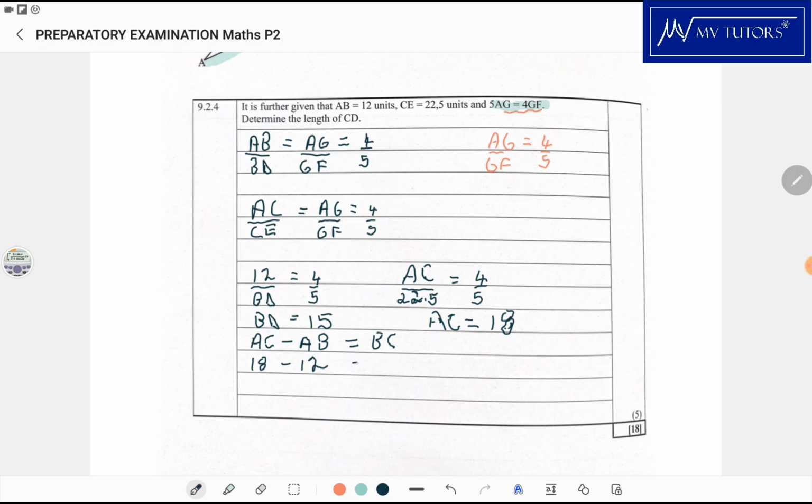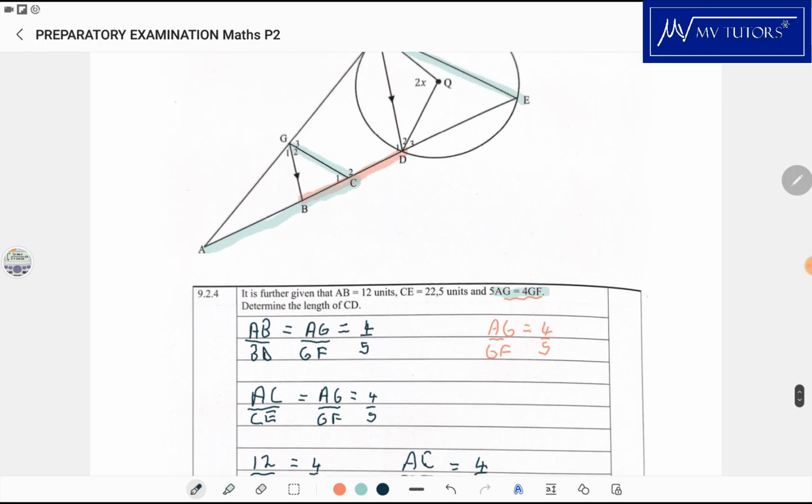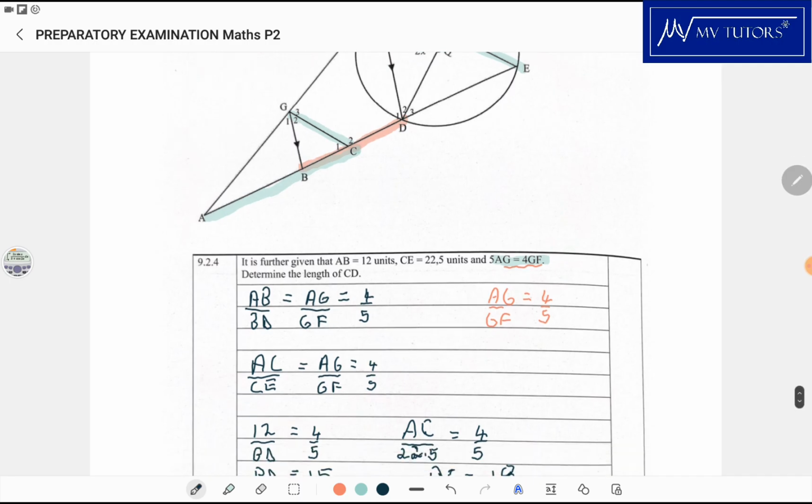It's definitely going to be equal to 6. Both of them are multiples of 6. Okay, now that I have BC, look at where BC is. I have BC, and I'm looking for CD. So, BD minus BC will give me CD.